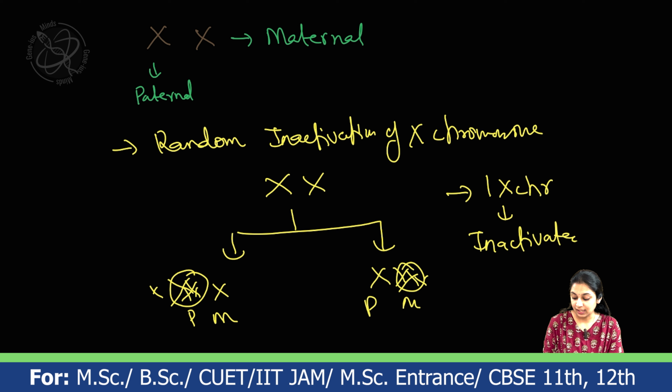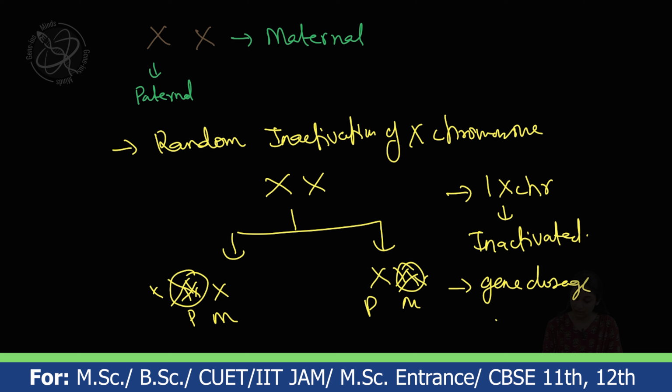That's why it is said that there is a random inactivation of the X chromosome. So Barr bodies are highly condensed heterochromatic X chromosomes found on the nuclear membrane. In order to maintain the gene dosage level, one of the X chromosomes in females gets inactivated.